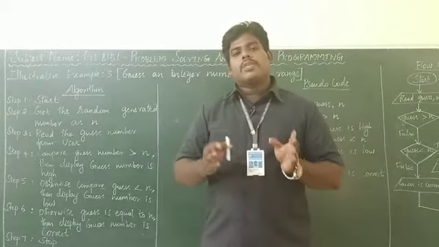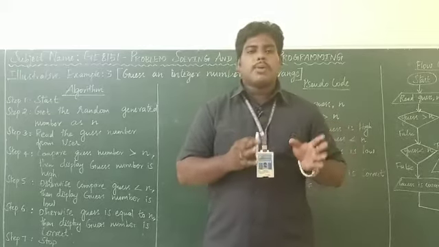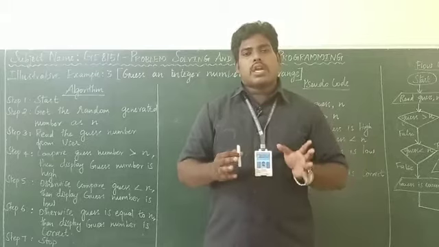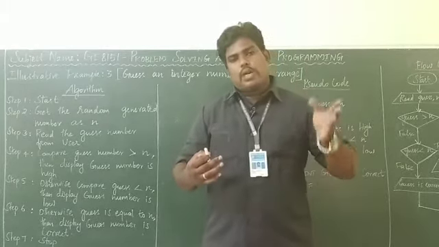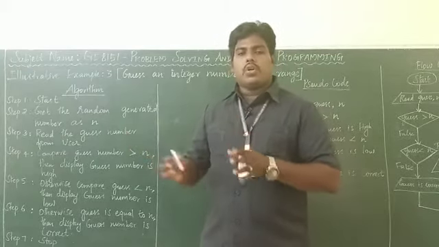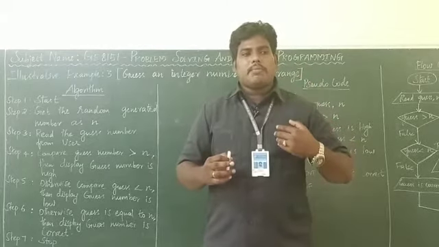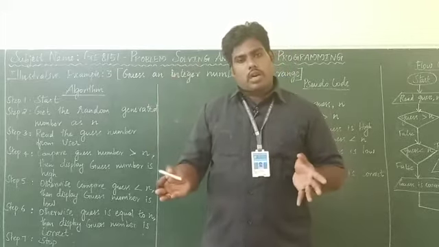Here the computer will generate a random number. Computer will generate any one number randomly. Then as a user I am going to guess one number, then the particular program or algorithm or pseudocode will check whether my guess number and the computer generated random number are equal or not.